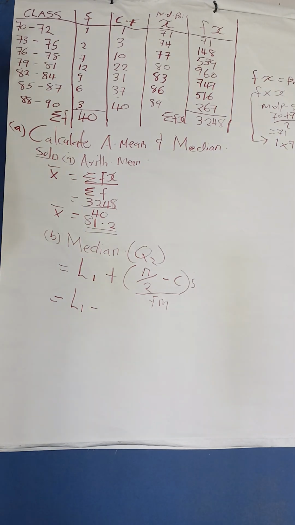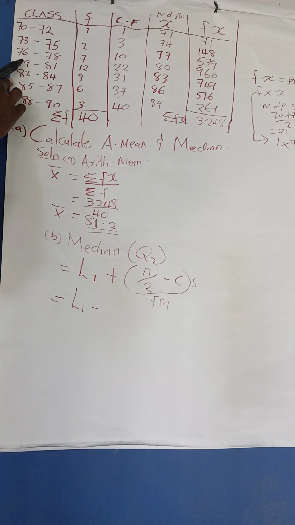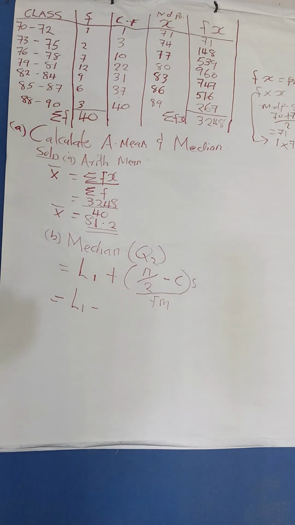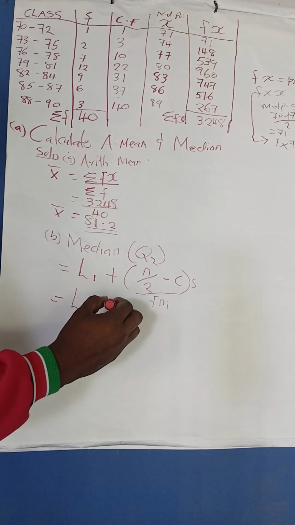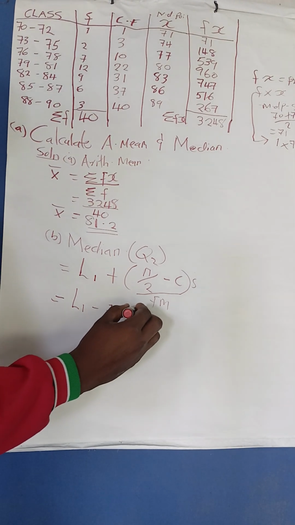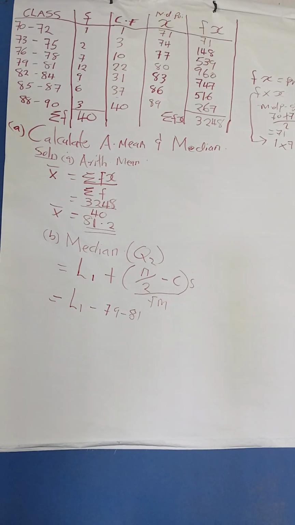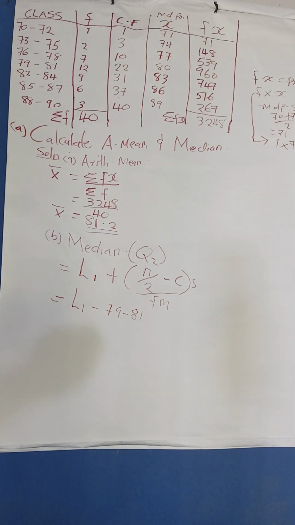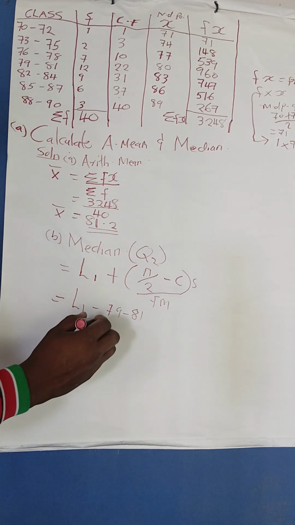Let me use the first class. Let's say we have identified our class to be 79 to 81. Now, for L1 in this class, you will use the smallest value, which is 0.5.